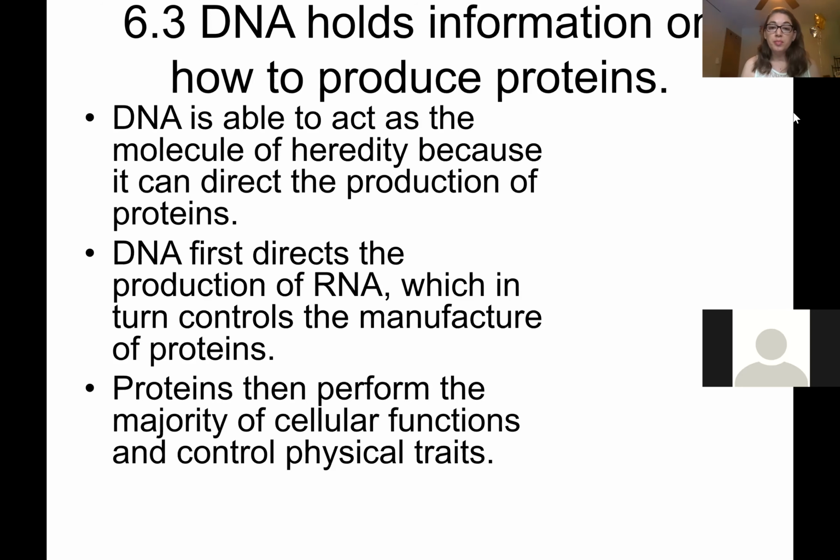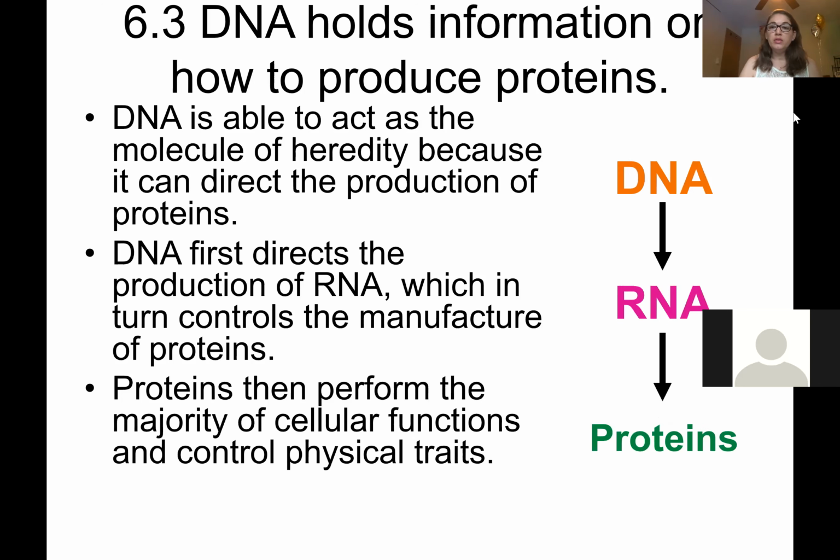Proteins are then, once they're made, performing the majority of the cell functions and controlling physical traits that we see, like eye color, hair color, the shape of your nose, whatever it may be. So it starts with DNA, copy DNA into RNA, and RNA is then converted during protein synthesis.